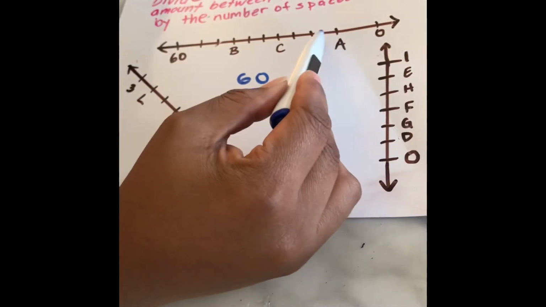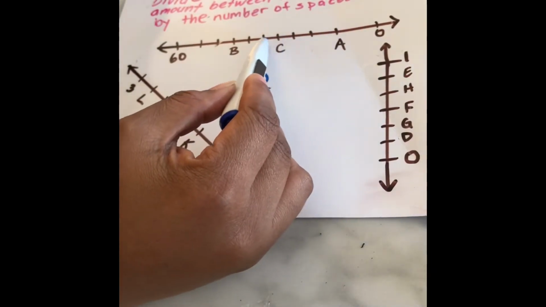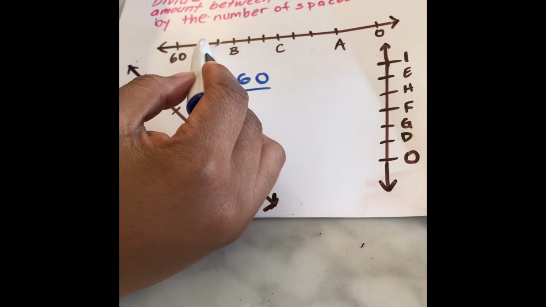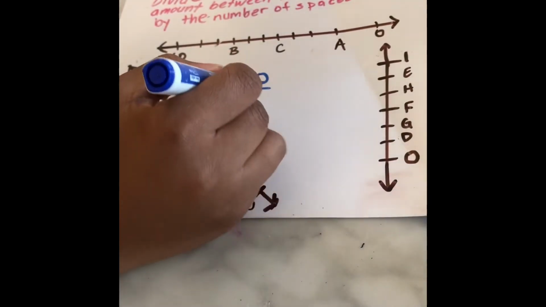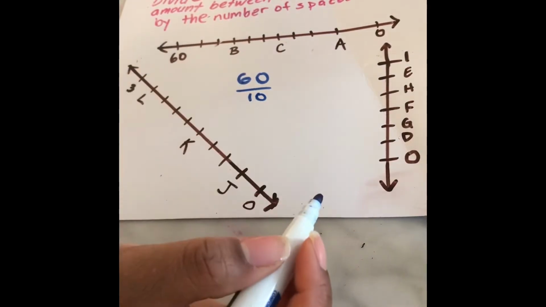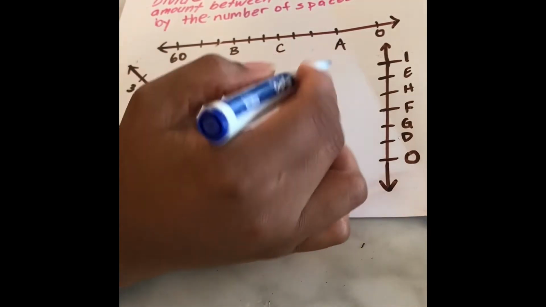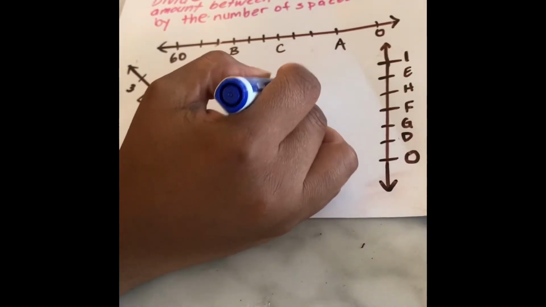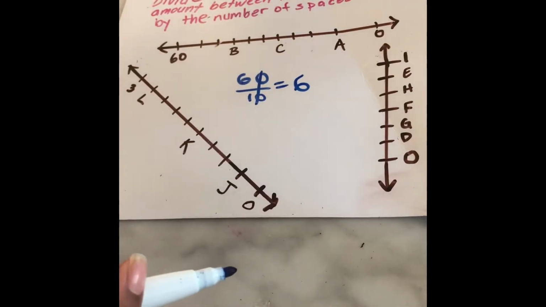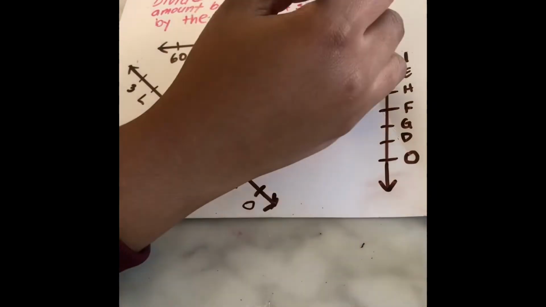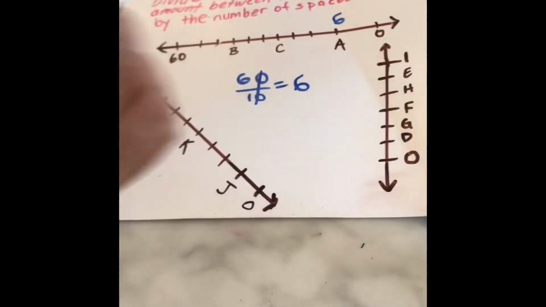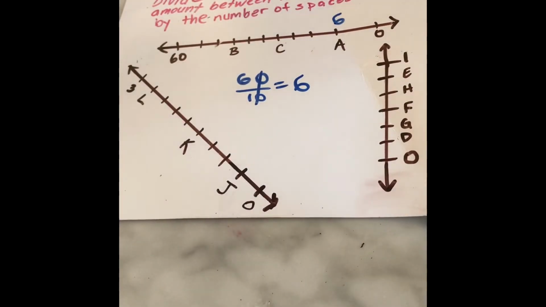We have 1, 2, 3, 4, 5, 6, 7, 8, 9, 10 spaces. So if I use my place value understanding, I'm going to cancel out this 0. And so 6 over 1 equals 6. So that means that our scale here is 6. So we're basically counting by sixes now.